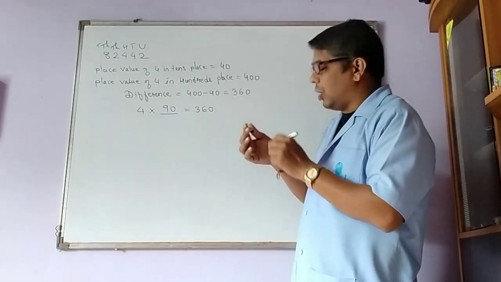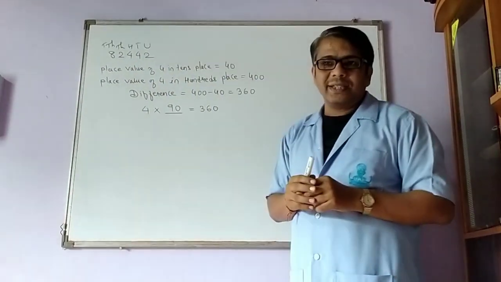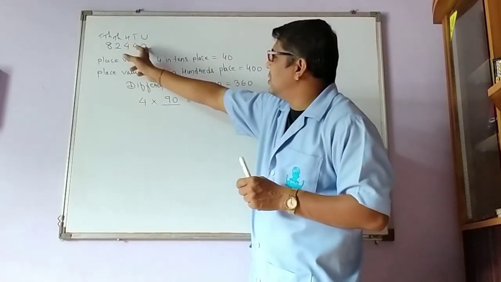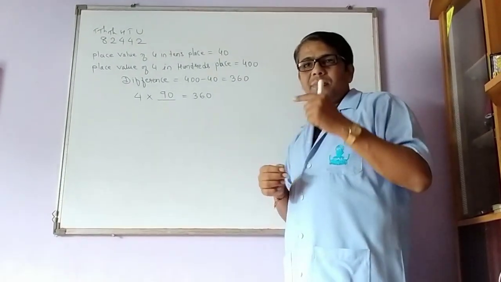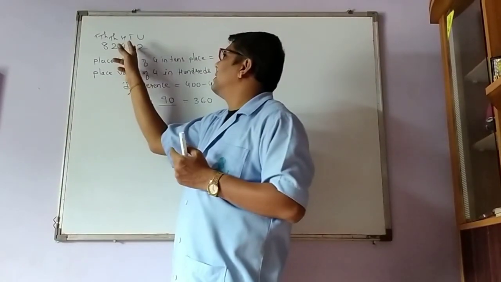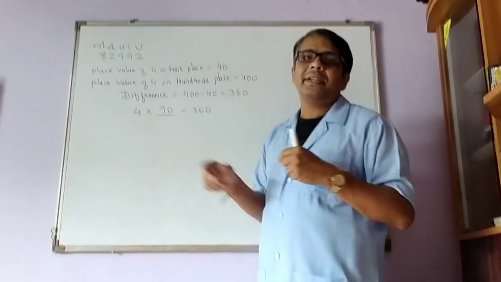So again we can revise. If the same digits are there in units and tens place, it was 9 times. If the same digits are there in the units and hundreds place, it was how many times? 99 times. Okay, and if it was tens place and hundreds place, how much did we get? 90 times.